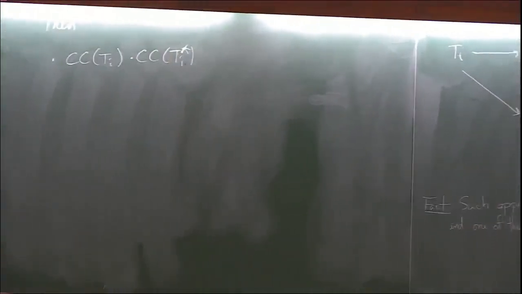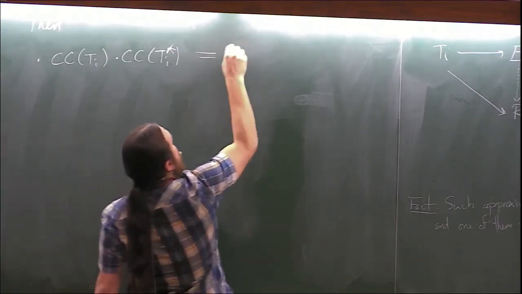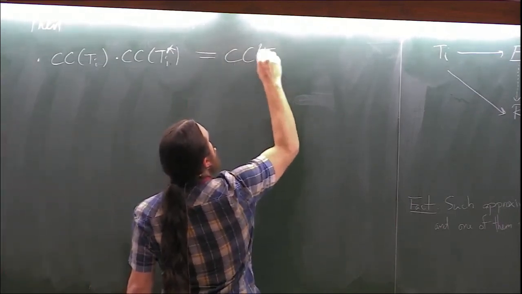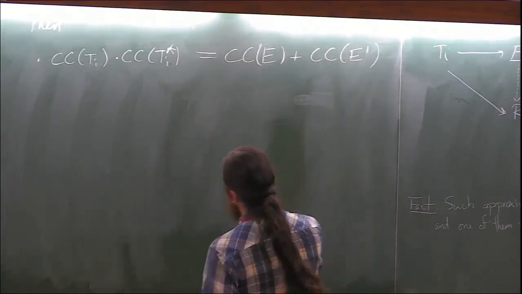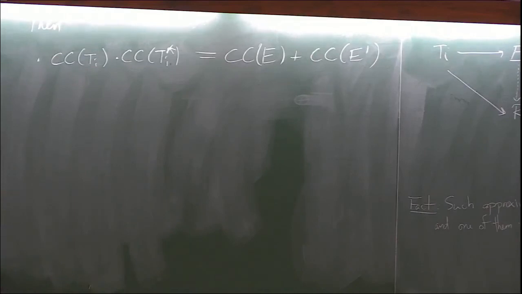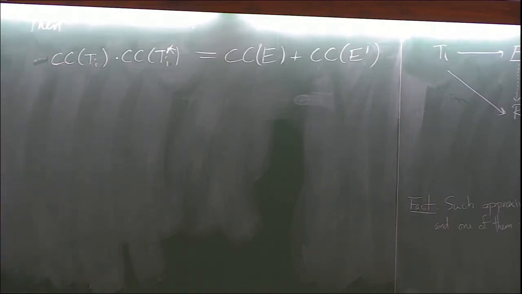So the product of the two extremes is the sum of the two middle terms. Maybe that's all I want to say.